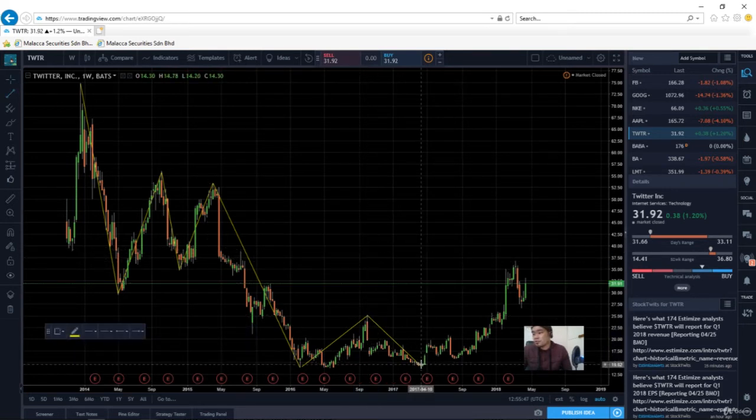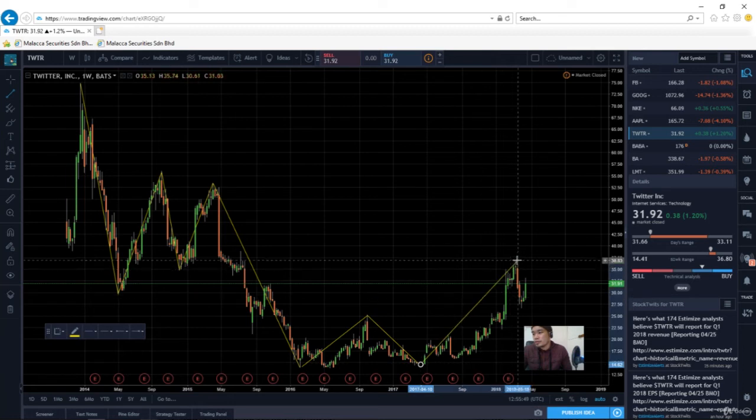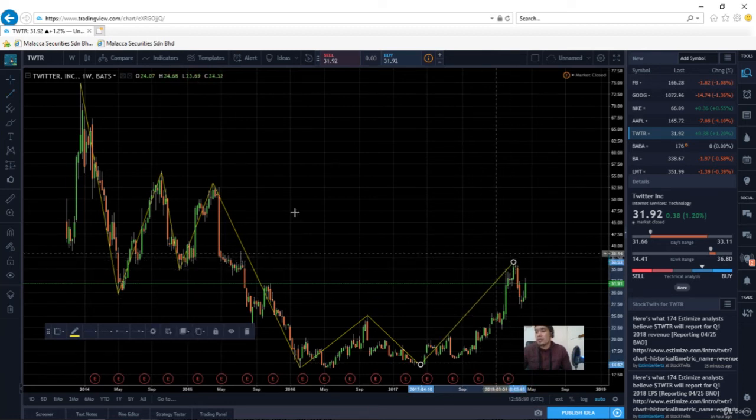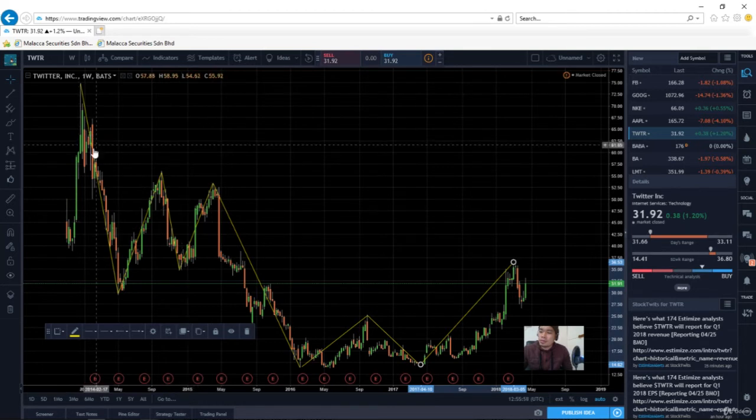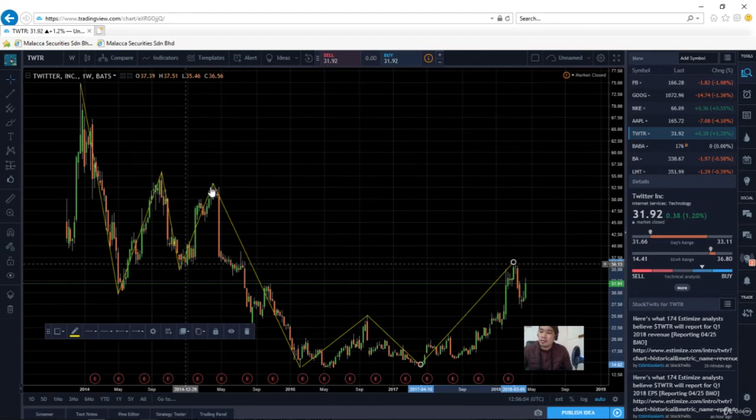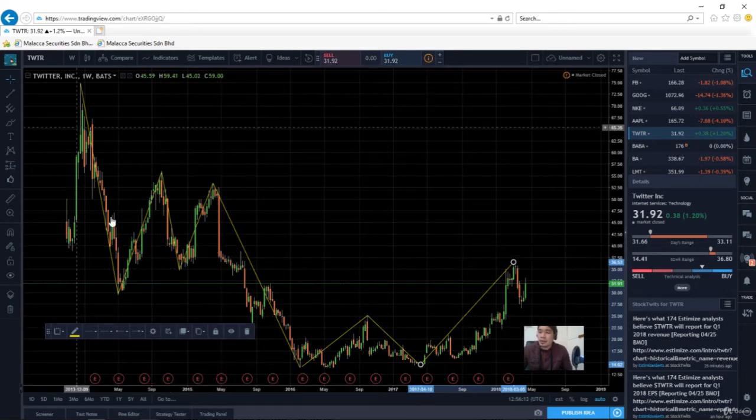So what you can see here is that the downward line becomes more aggressive. All right, the seller becomes more aggressive, but before it goes up, the seller becomes less aggressive. And you can see that the buyer becomes less aggressive, then suddenly it becomes more aggressive.